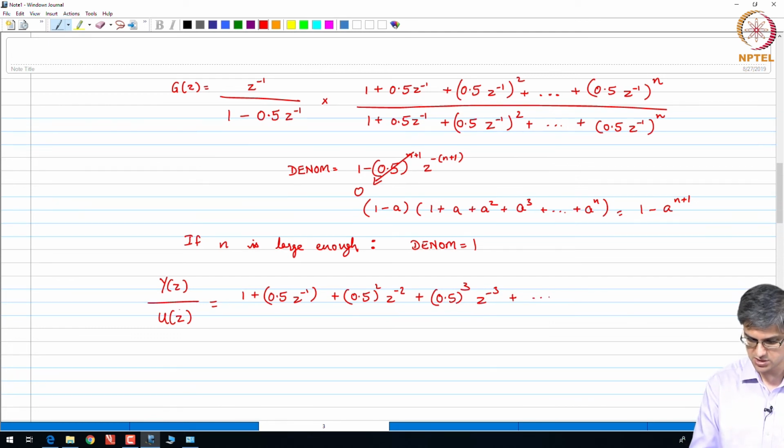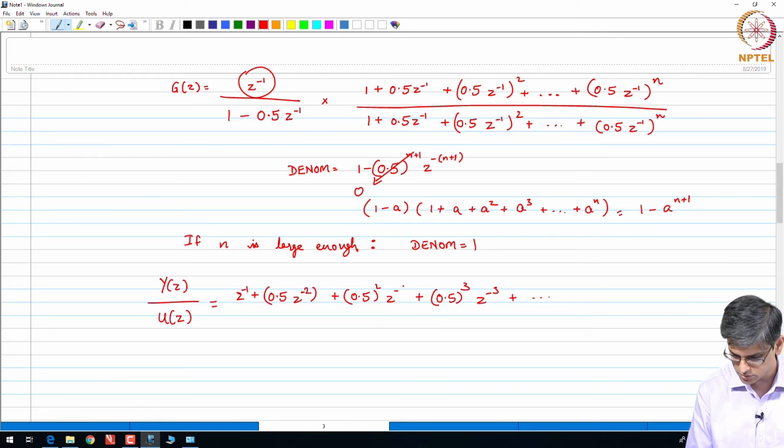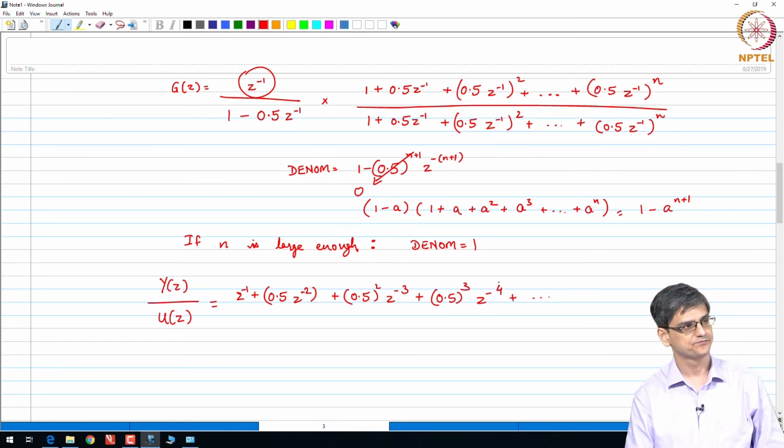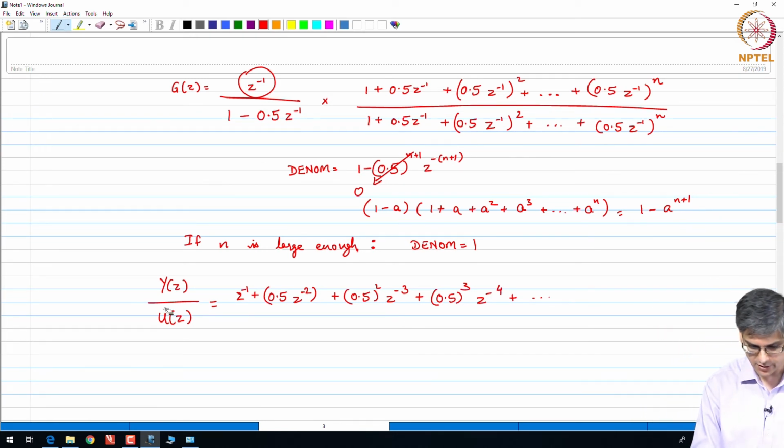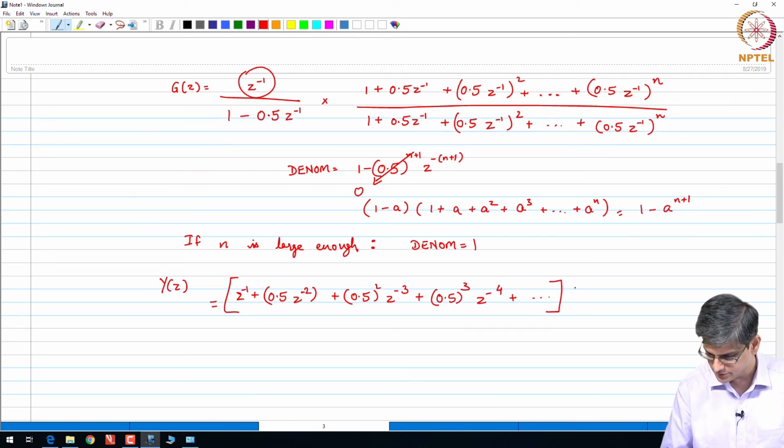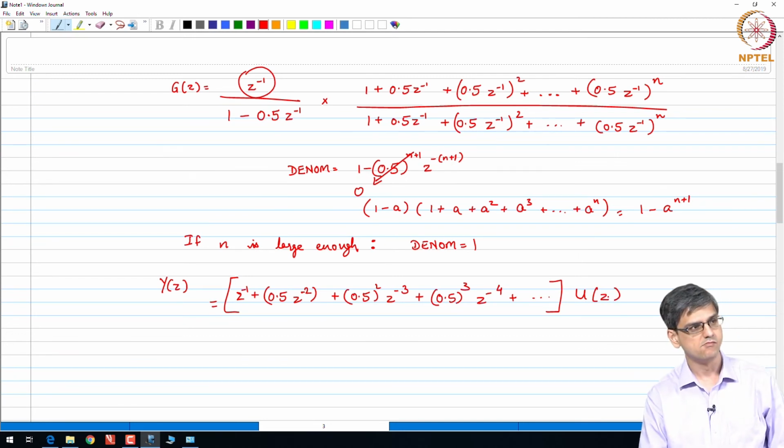And then there was this initial z inverse also over here. So, we will change this to z to the power minus 1, minus 2, minus 3, minus 4 and so on. Okay. Let us multiply U(z) over here.